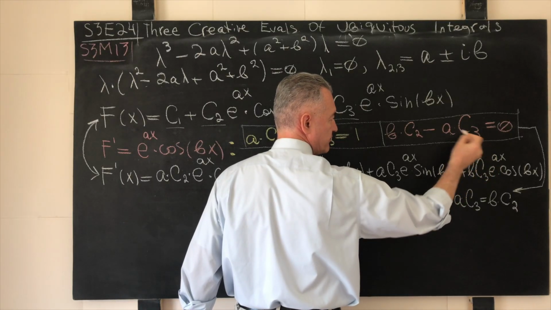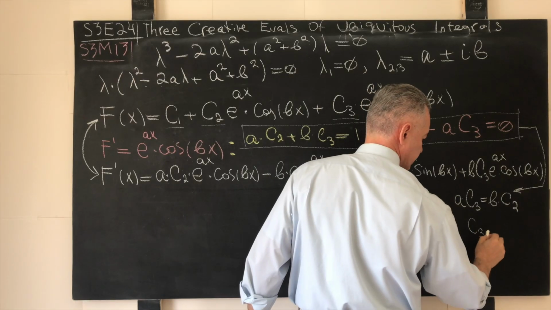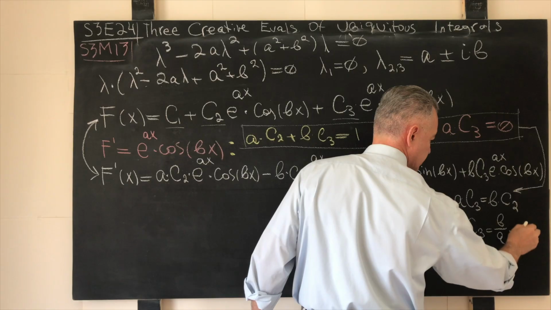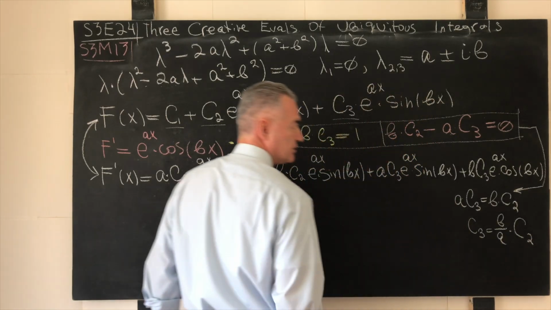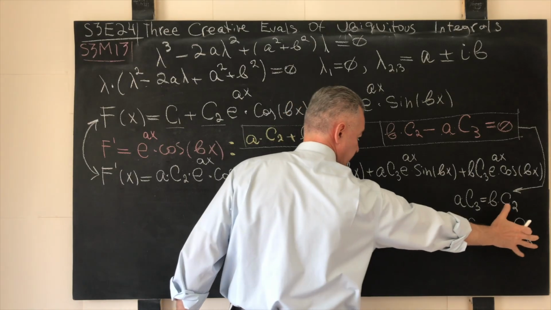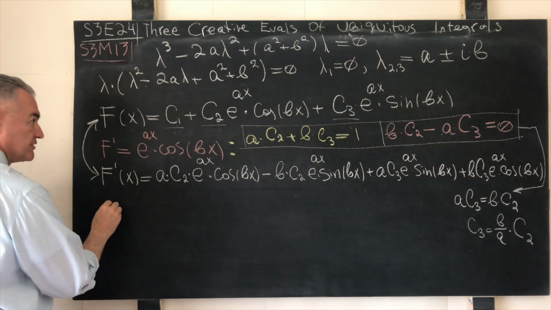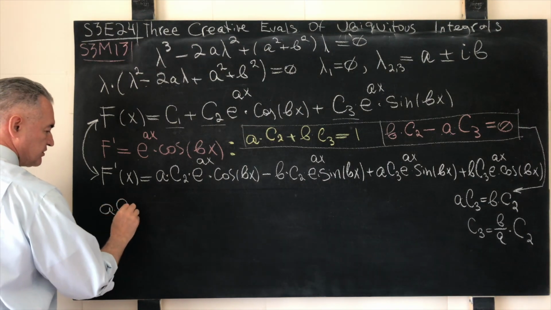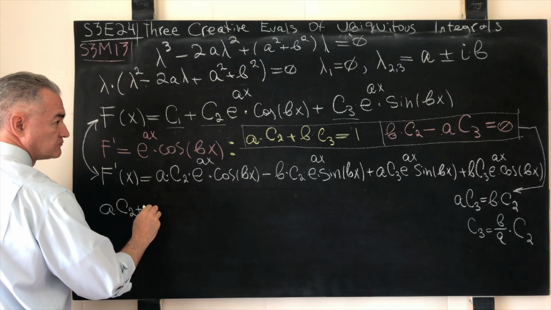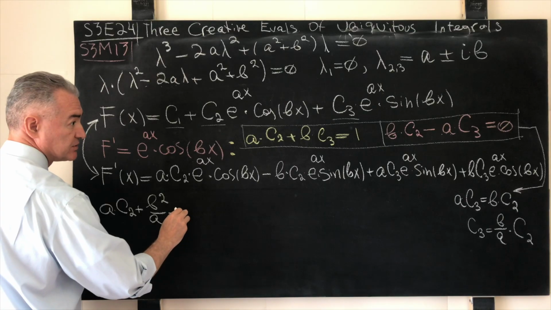A times C3 equals B times C2. So C3 is equal to B divided by A times C2. You see, from here we get this. Now we take its right-hand side and slug it into here. So what do we have? Let's write it down. A times C2 plus B squared over A times C2.